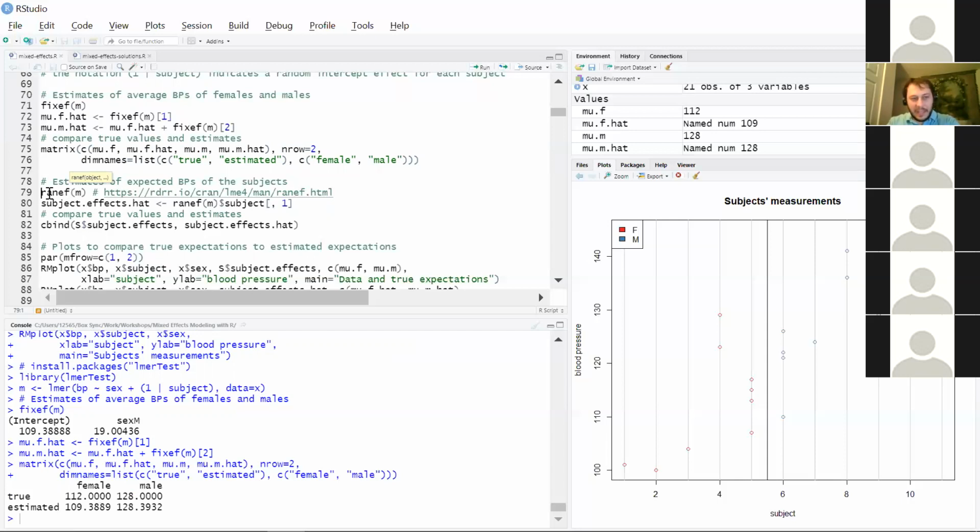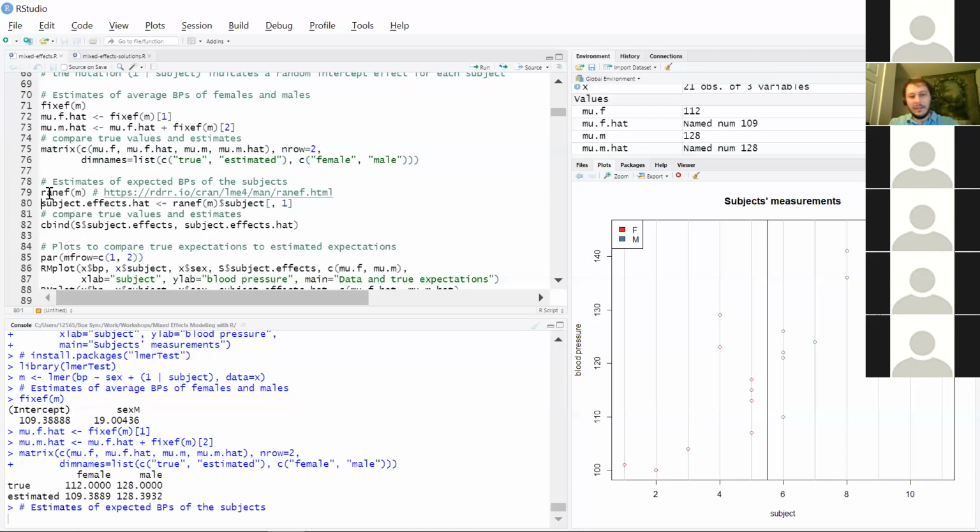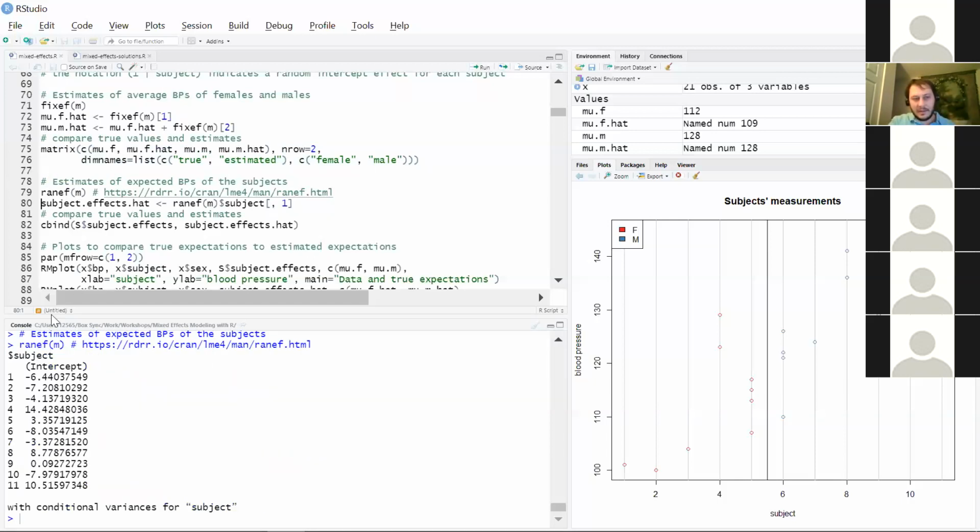Ranef of m is going to give us the b's, the estimates of the random coefficients, which some people insist on calling predictions rather than estimates because they're random, but that's kind of nitpicking. In this case, these are the deviations of the individual's expected values from their group's expected values.